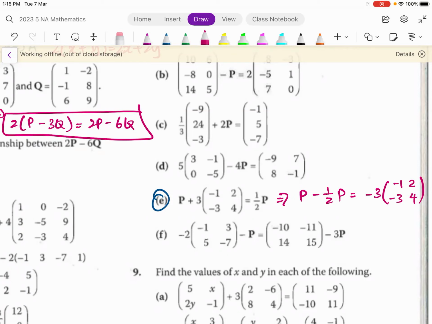Whatever you do on one side, you do on the other side. And then when it comes to the next step, you get half p. You multiply your -3 in, you get 3, -6, 9, and -12. Subsequently, p is just multiply everything, every element by 2. So 6, 18, -12, -24.